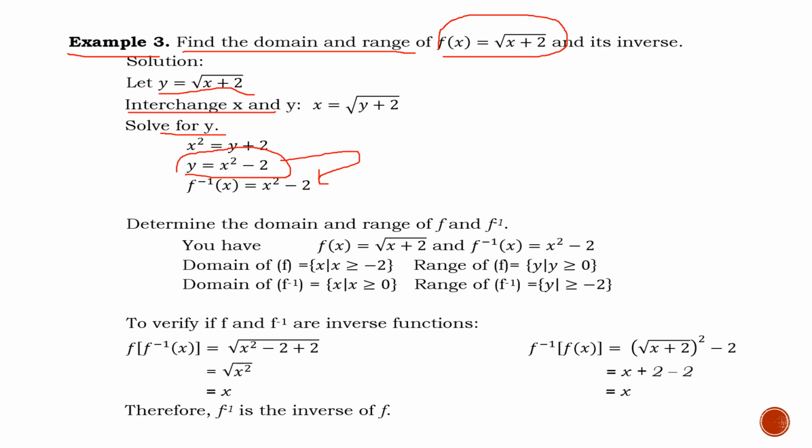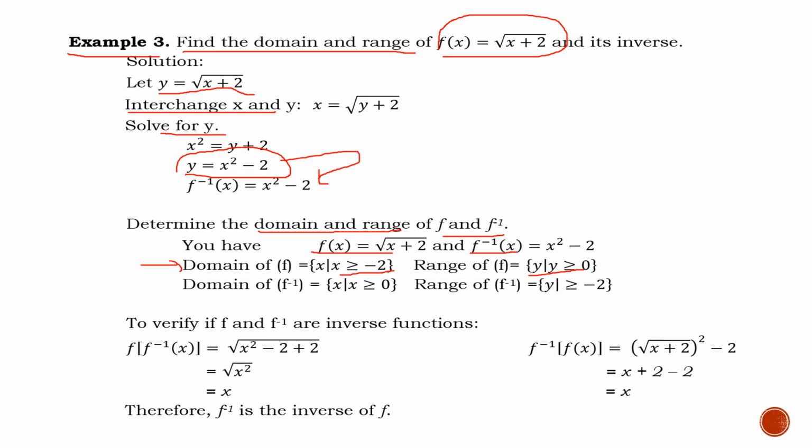Now, to determine the domain and range of f and your inverse function, we have this f of x and your inverse function of f of x. Your domain here is x such that x is greater than or equal to negative 2, and y such that y is greater than or equal to 0.